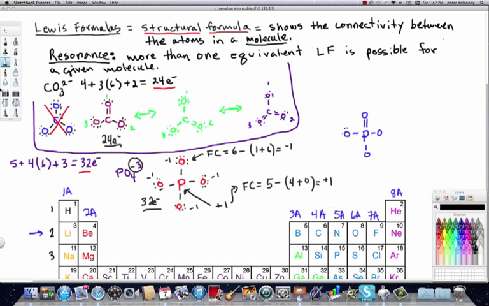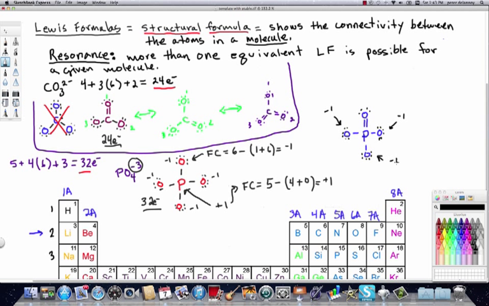Sorry. All right, and now we'll calculate formal charges. Now, we already know that the single bonded oxygens are -1, so I'm going to go ahead and put those in.